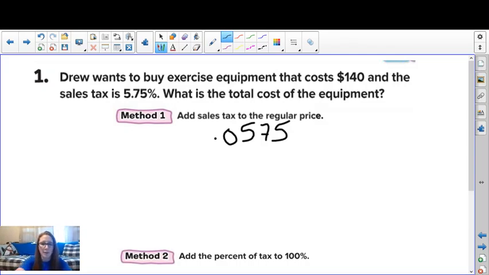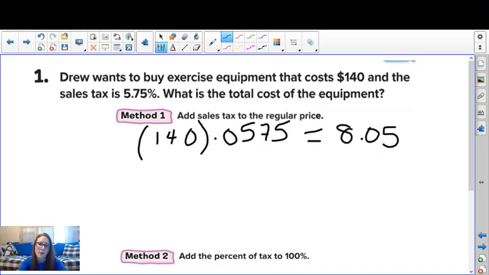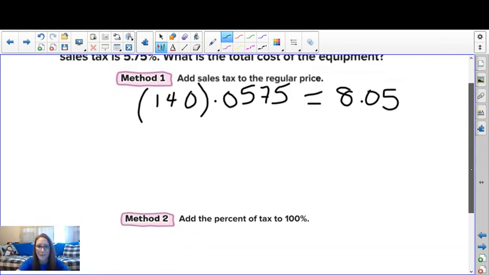And I'm going to take that number and multiply it with the 140, like what we learned about when we were trying to find the percentage of any number. We did that in lesson 4. And when I go ahead and do that, it gives me $8.05. So 5.75% of my 140 is $8.05. What that means is that's my sales tax price.